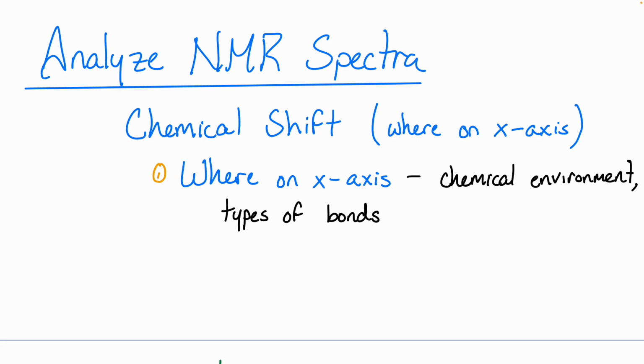It turns out that a double bonded carbon will absorb in a different place on our spectrum than a single bonded carbon, than a carbonyl carbon, et cetera. So where exactly on that x-axis gives you information. But a very important piece of information is how many peaks you see.